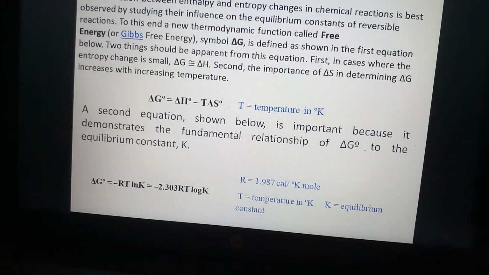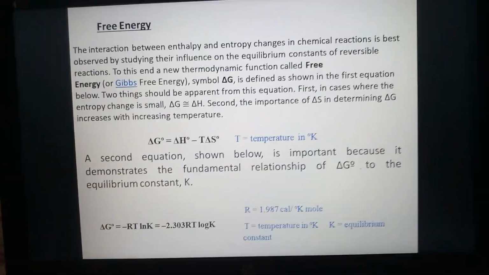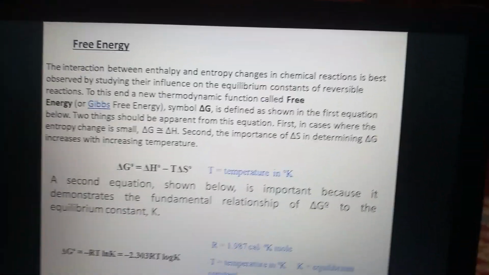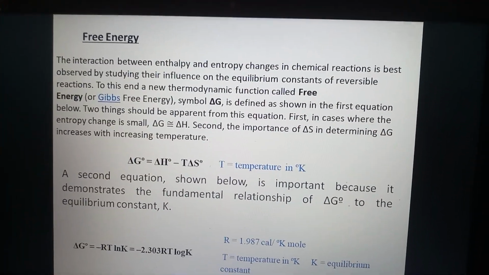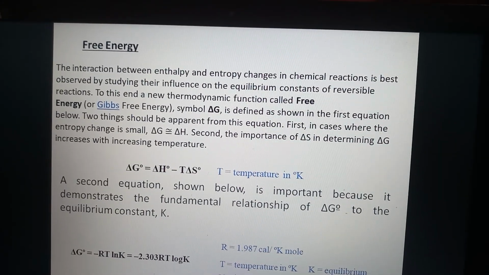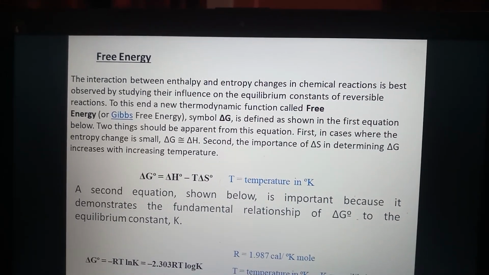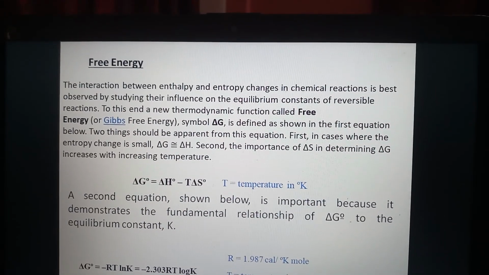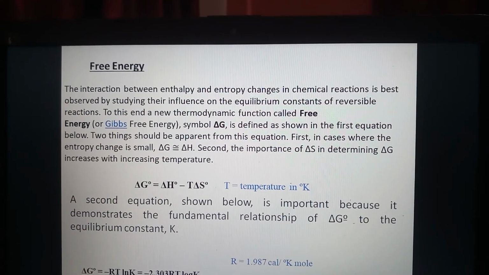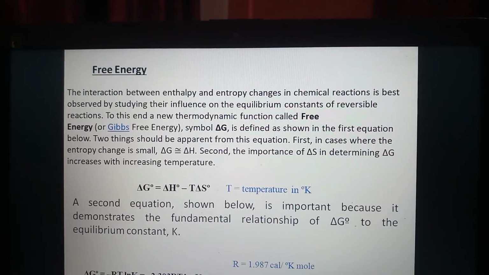Now our next topic is free energy. What is free energy? The interaction between enthalpy and entropy changes in chemical reactions is best observed by studying their influence on equilibrium constants of reversible reactions.